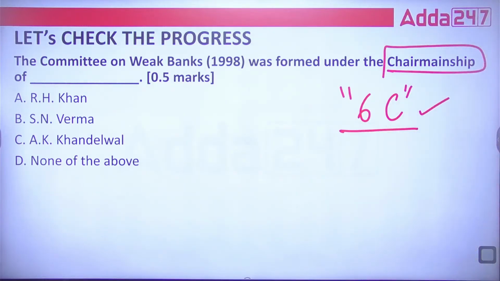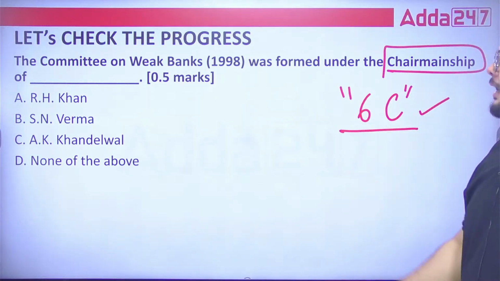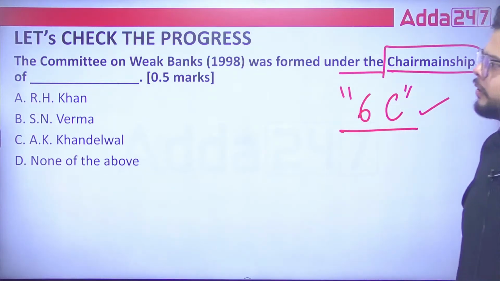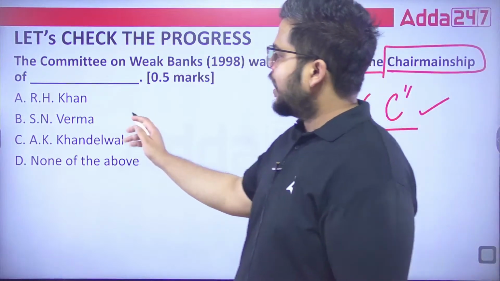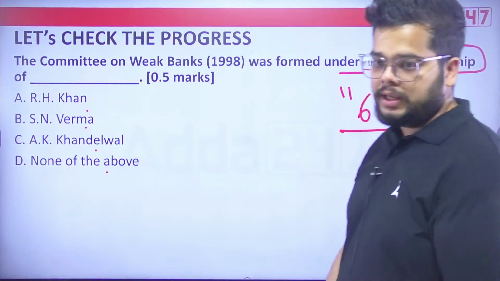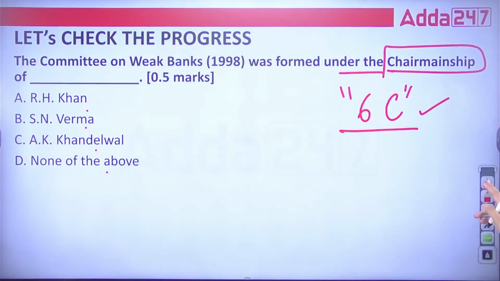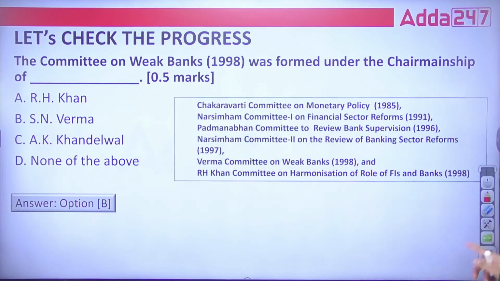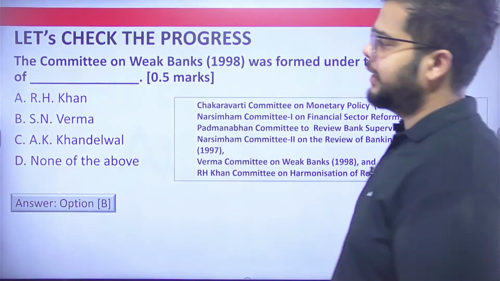So the Committee on Weak Banks 1998 was formed under the chairmanship of whom? R.H. Khan, S.N. Verma, A.K. Khandelwal, or none of the above. The correct answer is option B, that is S.N. Verma. And see, what are the important committees apart from S.N. Verma committee? Let's see one by one.